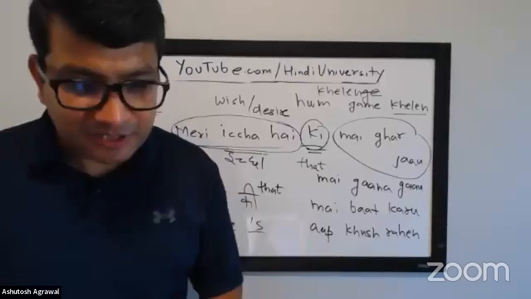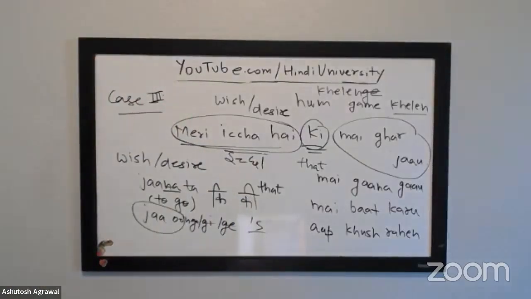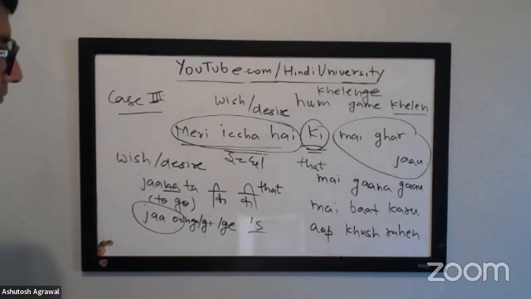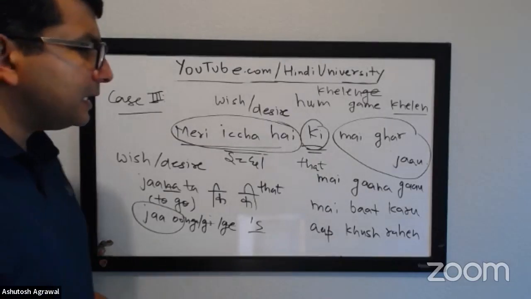Okay, any questions, anyone? Yes, Nandini ji. This मेरी इच्छा है itself explains the wish. So you can't say मेरी इच्छा है कि मैं घर जाऊंगी. That doesn't make sense. You have to cut off the ungi there.